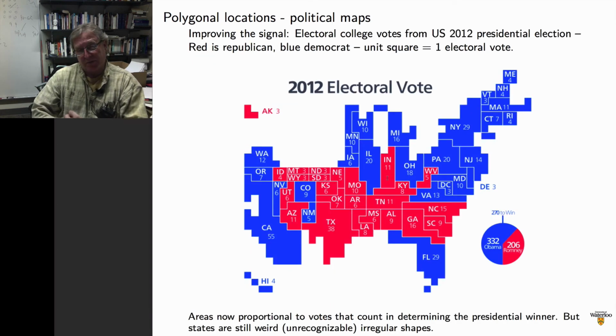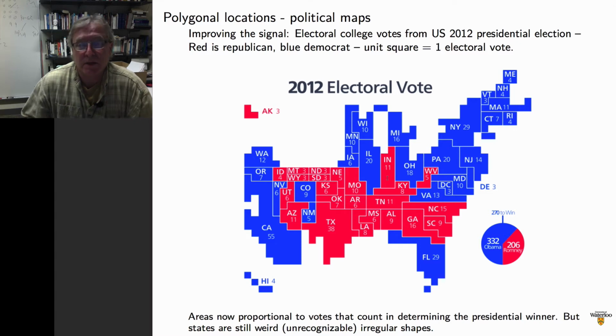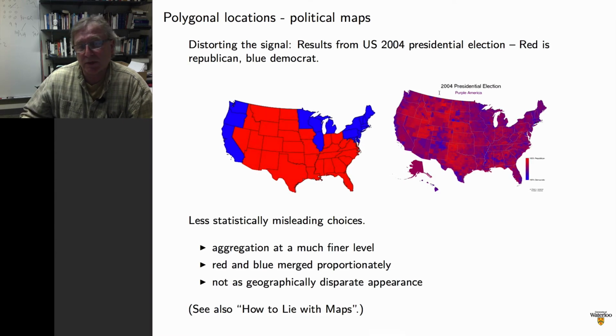So the other funny thing about the United States electoral system is that it's not just the proportion of the vote that you get. In fact, the citizens don't really vote for the president so much as vote to tell their electors how to vote for the president.